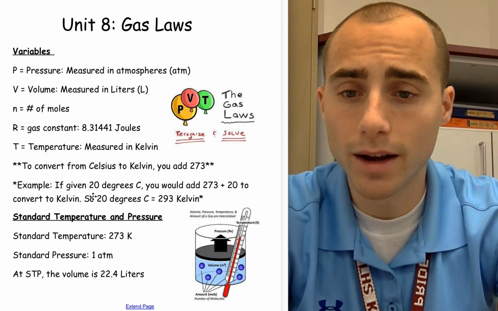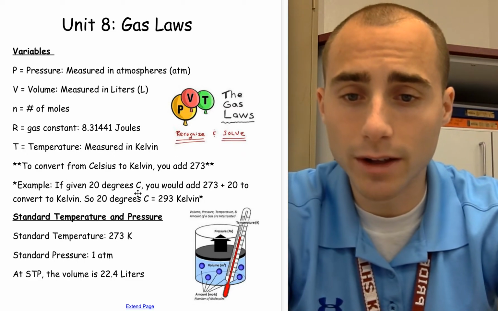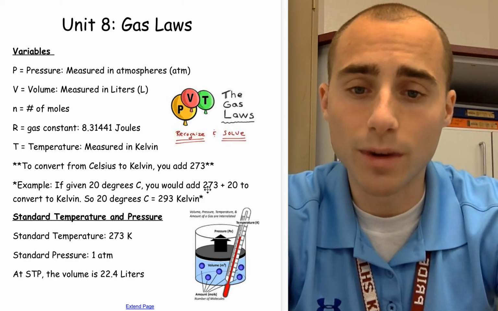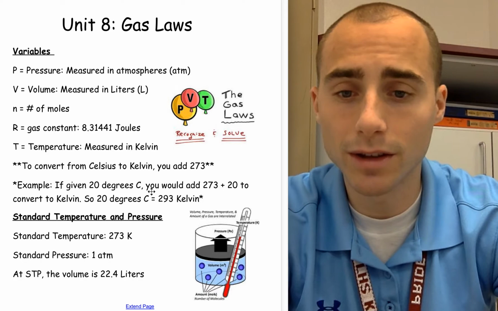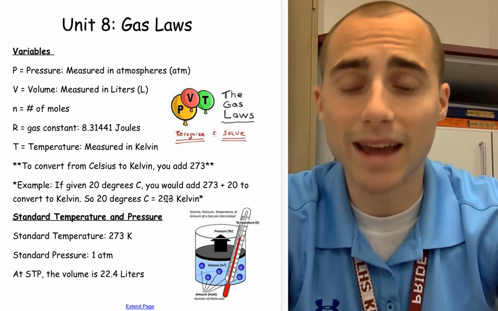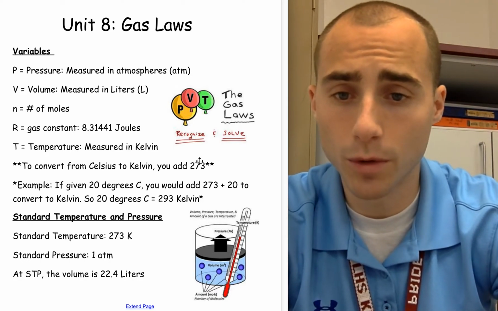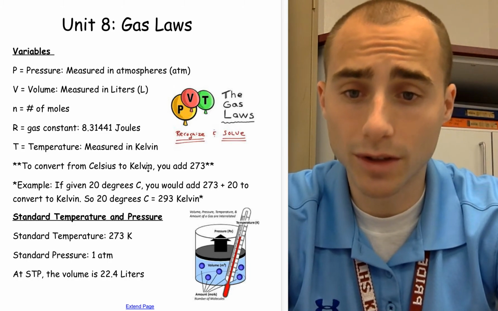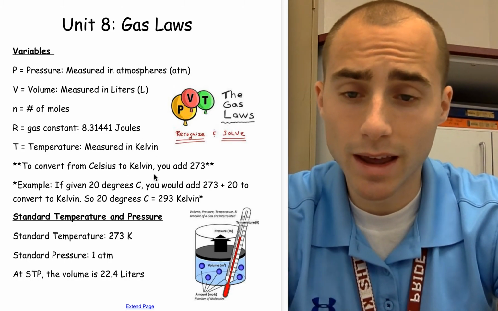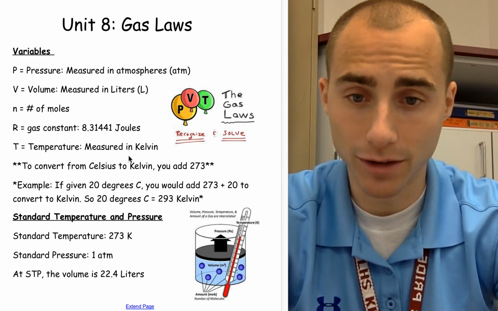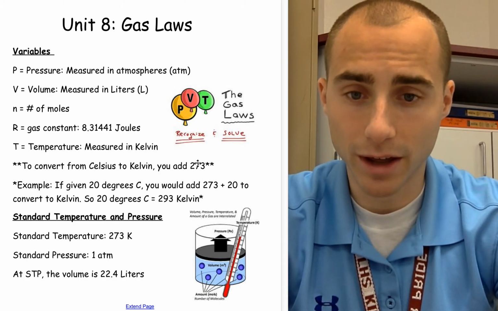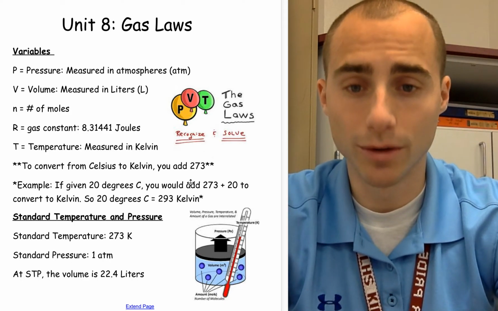So an example right here: if you were given 20 degrees Celsius, you would simply add 273 plus 20 to convert to Kelvin. So 20 degrees Celsius equals 293 Kelvin. That's pretty straightforward, but it is something you need to know because you'll see a lot of questions that are measured in Celsius. You have to convert that to Kelvin. That's among the first things you should do, is convert temperature to Kelvin, and you do that simply by adding 273.